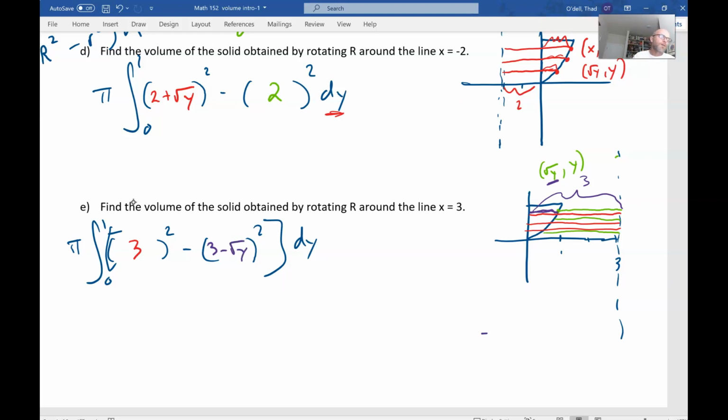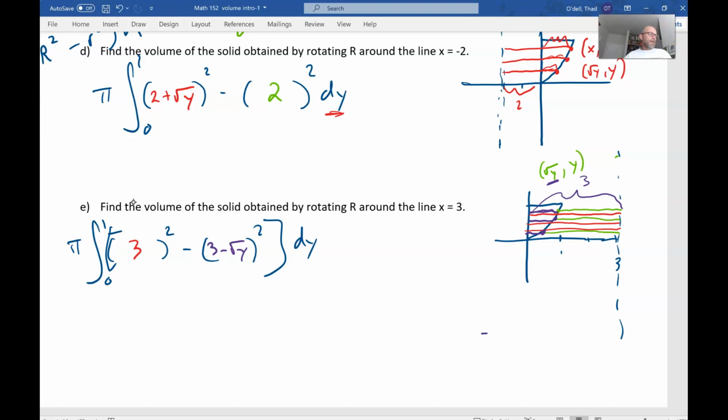Because you can see if you take the whole distance of 3, subtract off the square root of y, it leaves you with that green. And that's true no matter which point I pick along here, because the purple is always the square root of y, and it gets smaller as we go down, which makes the green get longer. So I'm subtracting less than 3 and making my green go longer.